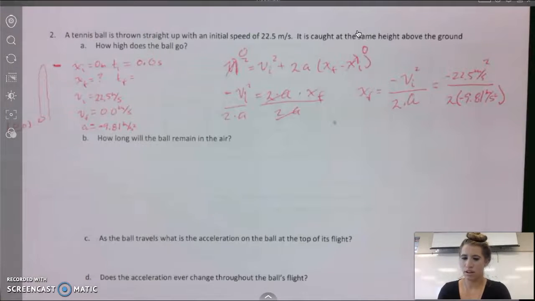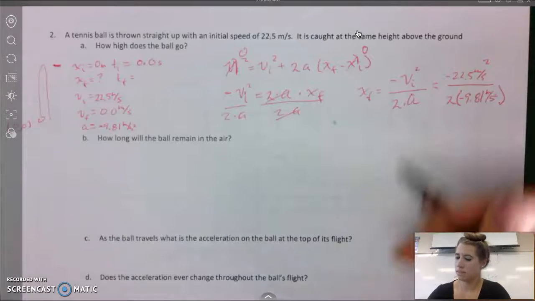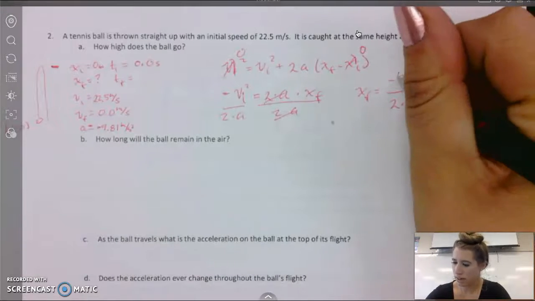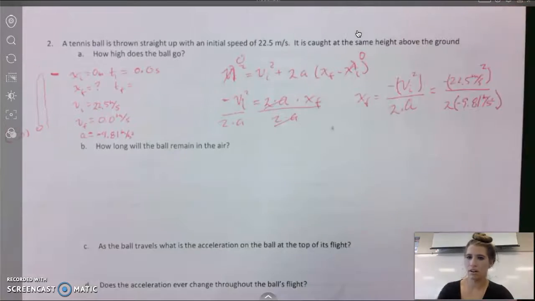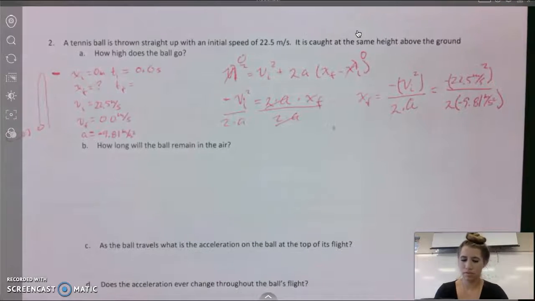So I'm going to take the 22.5, because this negative is outside of this square, so you should keep that in mind. 22.5 squared, and then the negative of that, and then divided by 2 multiplied by my negative 9.81.